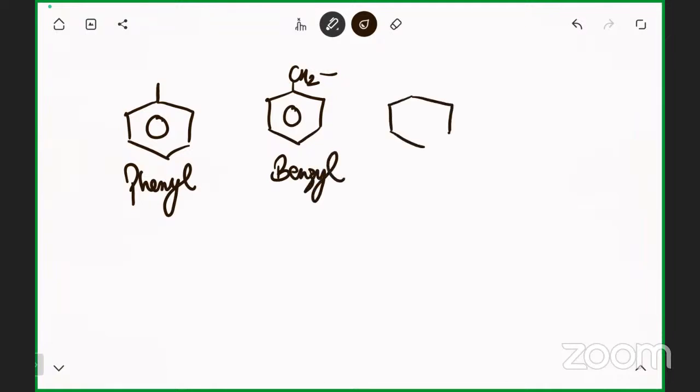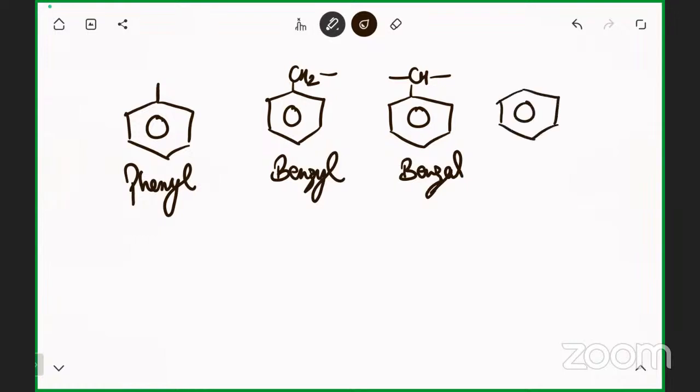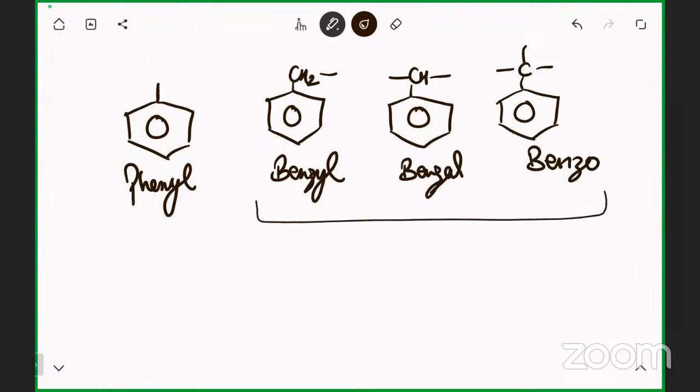If one CH and two valencies are vacant, then it is considered benzylidene. If only one is remaining, then you'll consider it as benzo. So these are side chain derivatives.